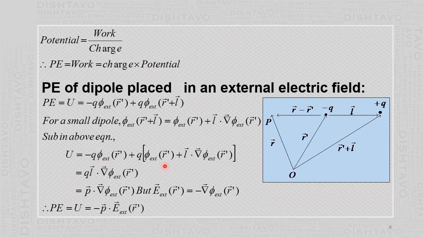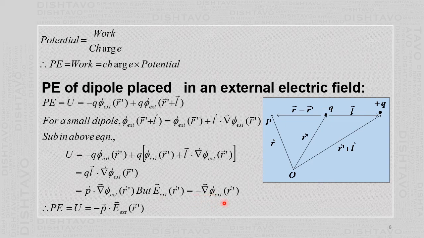the first term and the second term cancel. So what remains is q vector l dot the gradient of phi external. But q into vector l is nothing but the electric dipole moment vector p. Then this is dot gradient of phi. But we have already seen in the earlier part that electric field is minus gradient of potential.